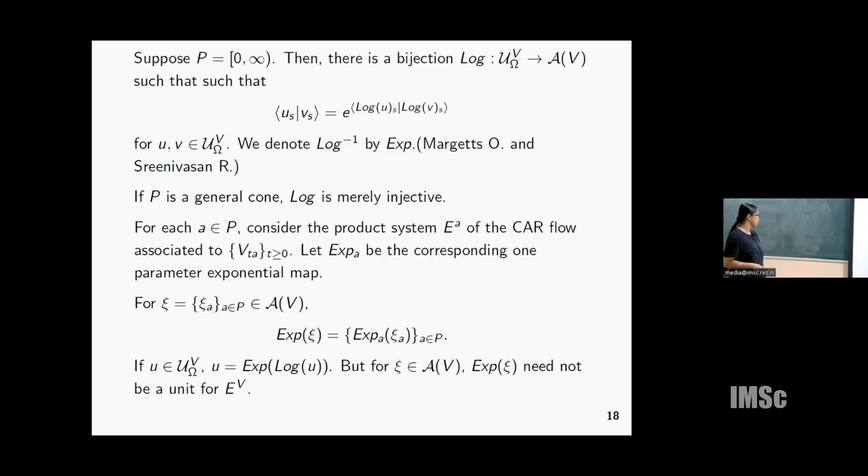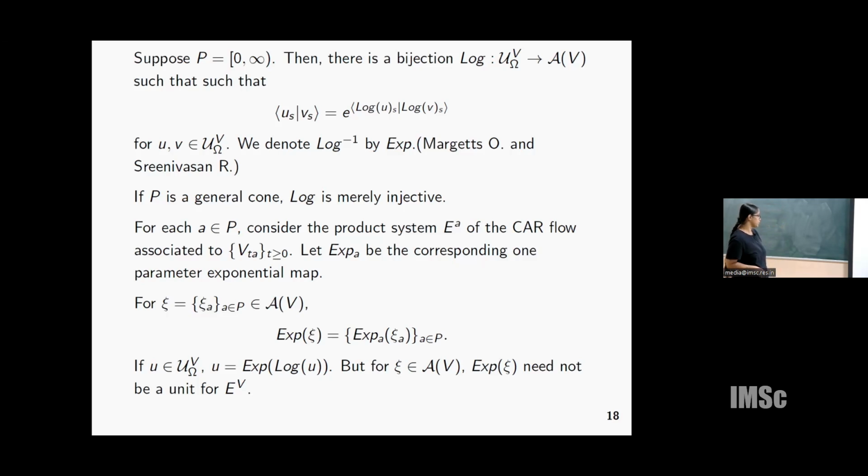Like in the CCR case, we can define an exponential map, but it's in some sense artificial, because you look at the one parameter semigroup T_a, t greater than or equal to a, for a in P, and look at exponential vectors there. Because it's isomorphic to a CCR flow, you can construct exponential vectors there and put them all together and call it exponential of xi.